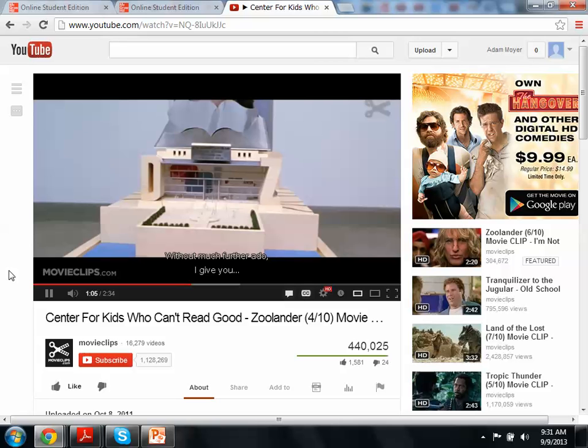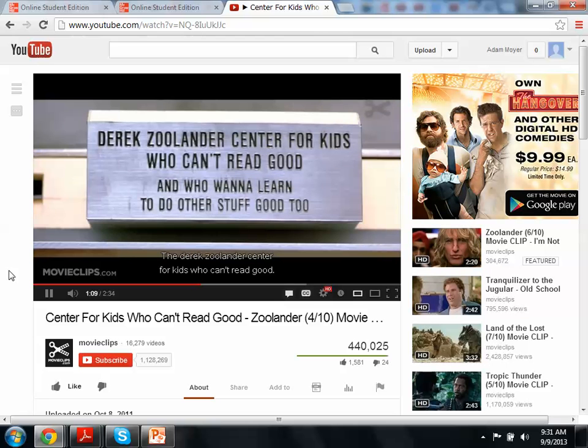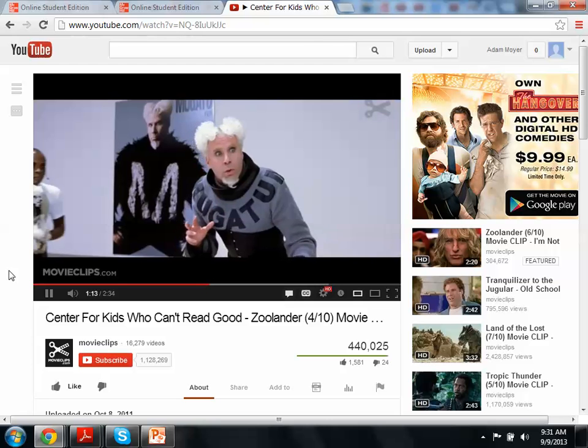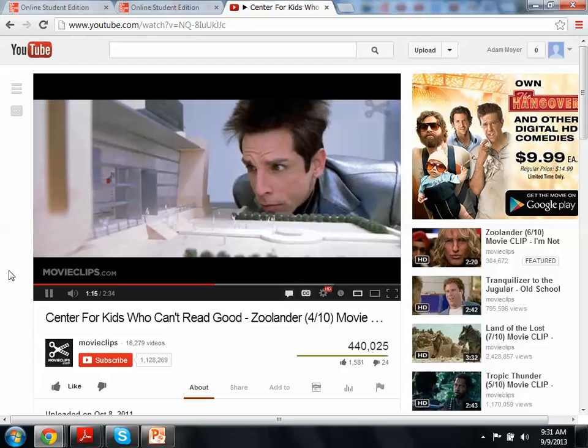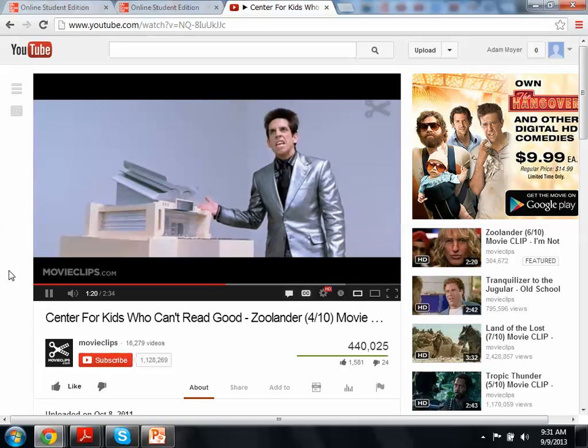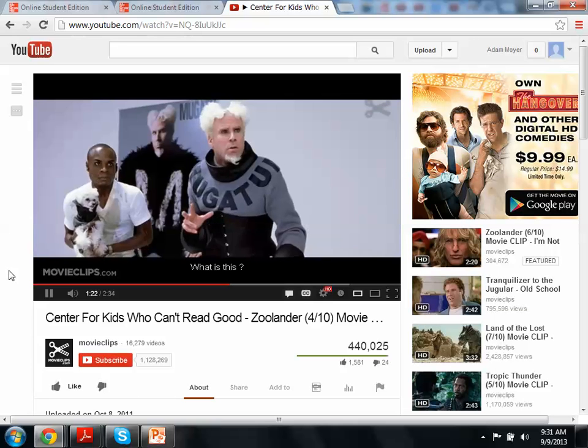The Derek Zoolander Center for Kids Who Can't Read Good. What is this? A center for ants? What?